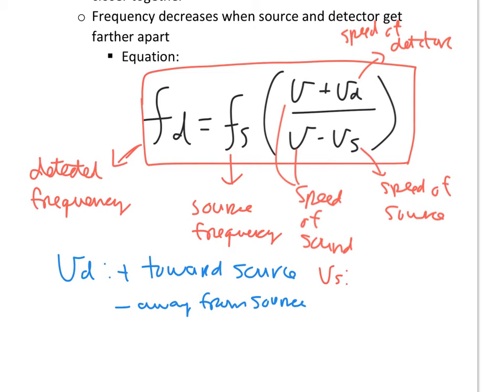So speed of the source is positive if it moves toward the detector, negative if it moves away from the detector.